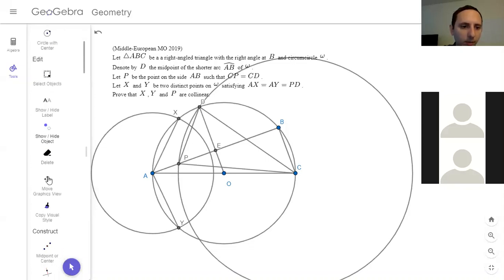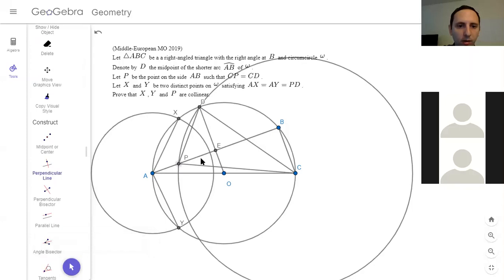Let me try something. Actually, it cannot be true. We have to prove that AX squared equals AP multiplied by AB. Exactly, yeah. So that's the same as showing some similar triangles, right? That's the same as saying that angle AXP is equal to angle XBA.